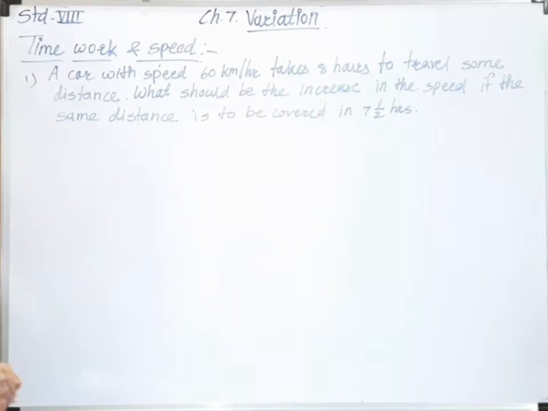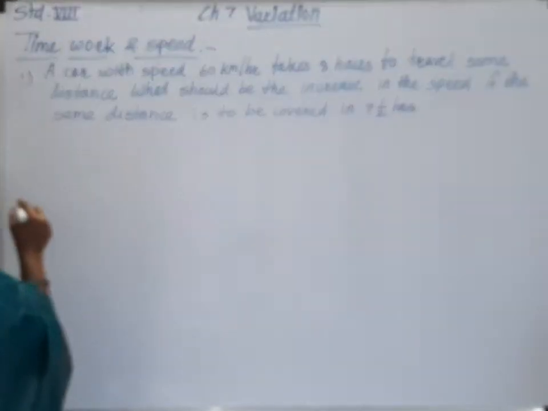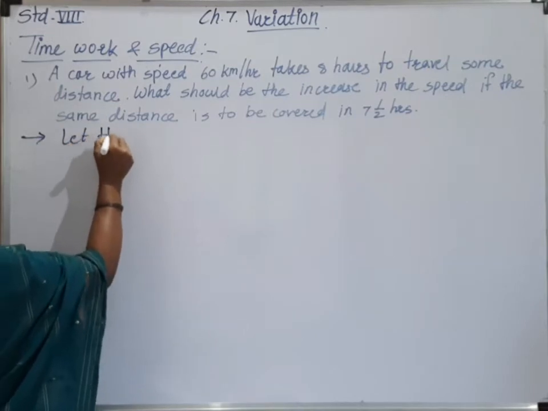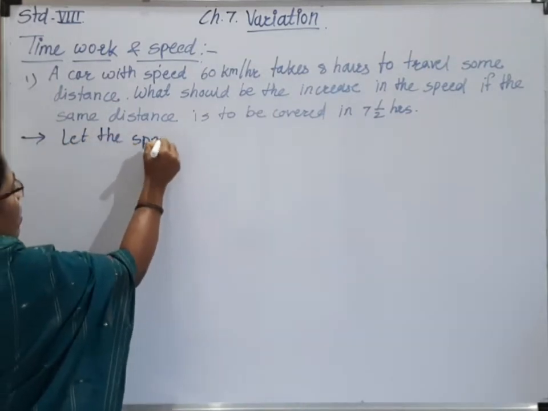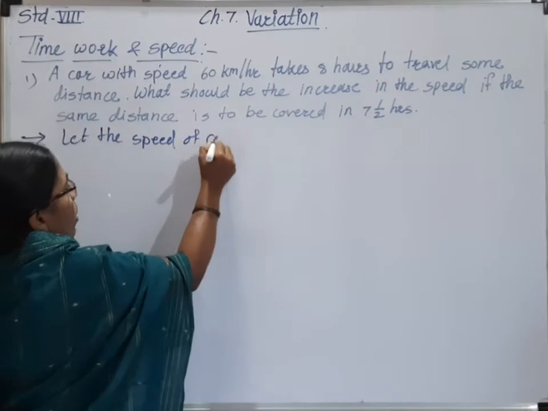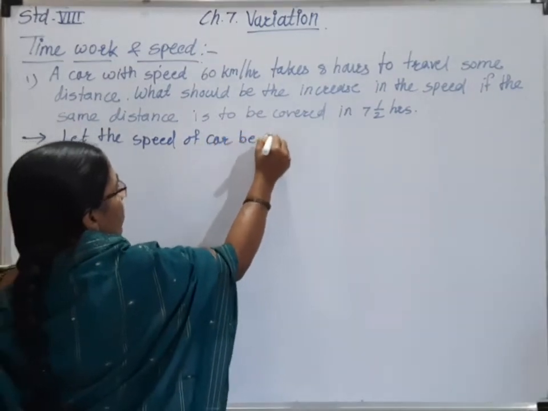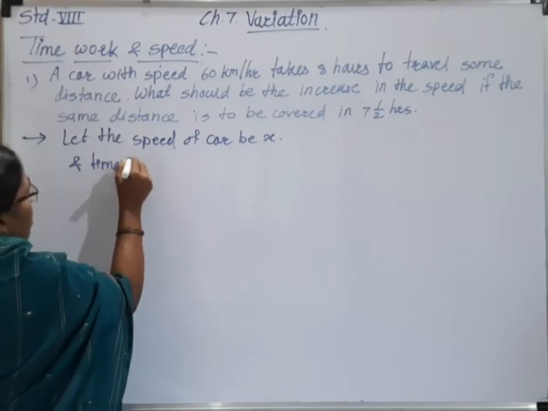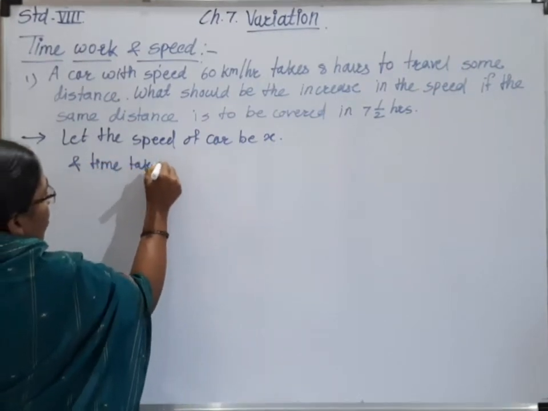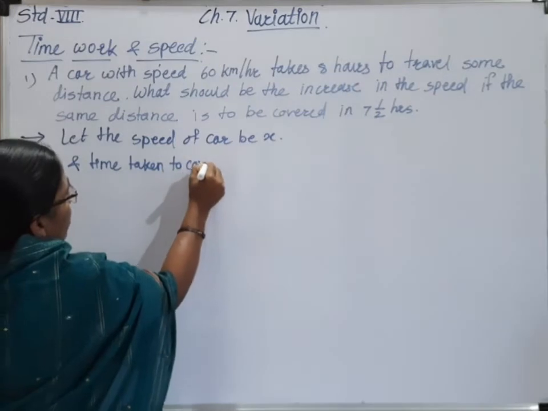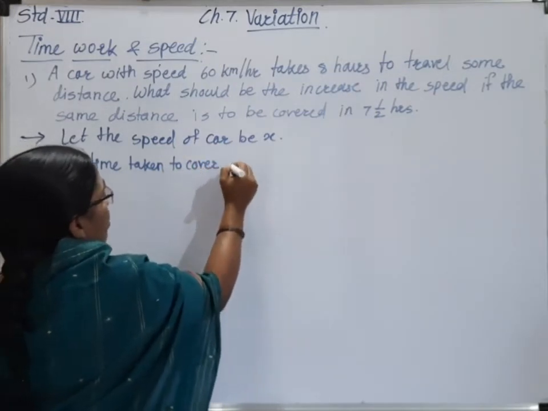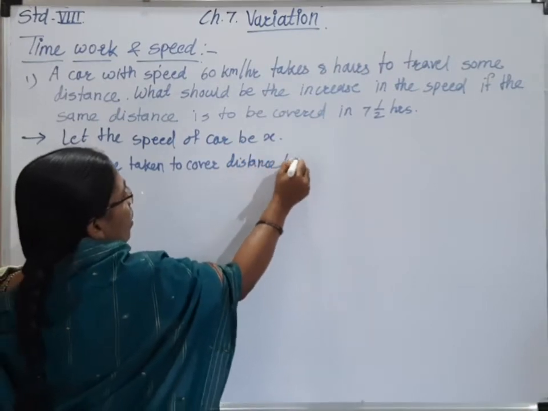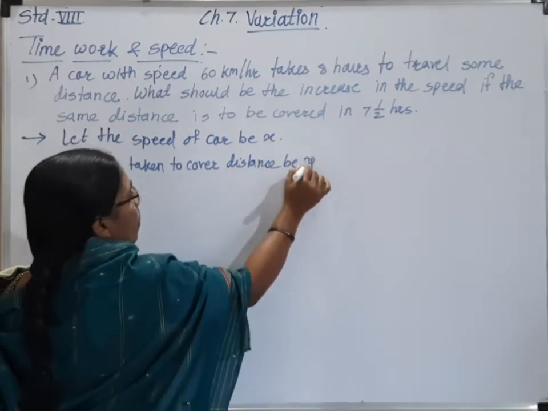We will learn now. First, let the speed of the car be x, and the time taken to cover the distance be y.